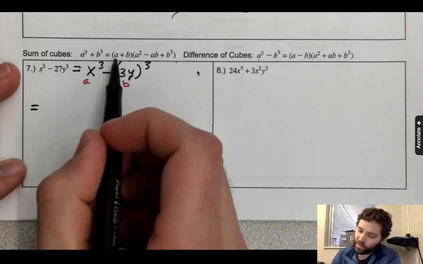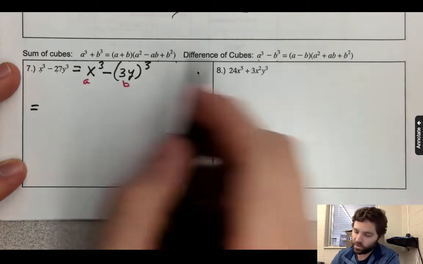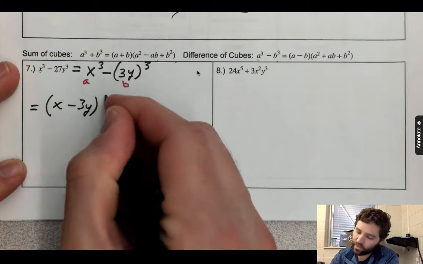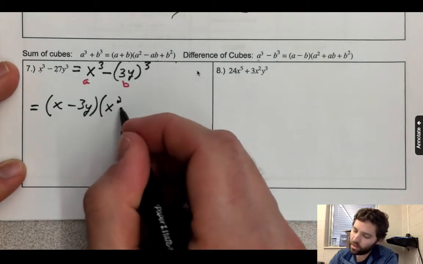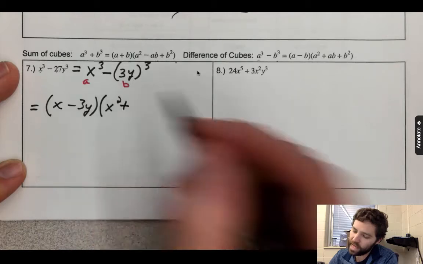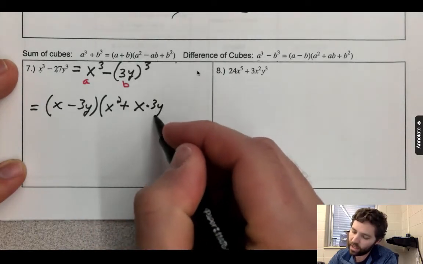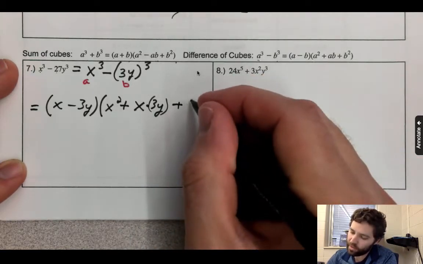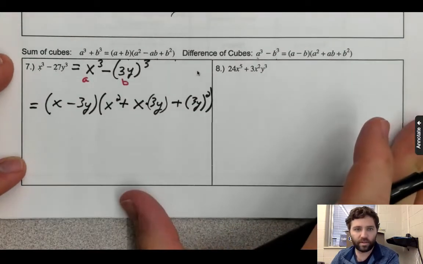It says if we're doing difference of cubes, we're going to do a minus b first. Okay, so that would be x minus 3y times a squared. That would be x squared, plus ab, so that would be x times 3y, plus b squared, that would be 3y squared, and then close off your final parenthesis there.